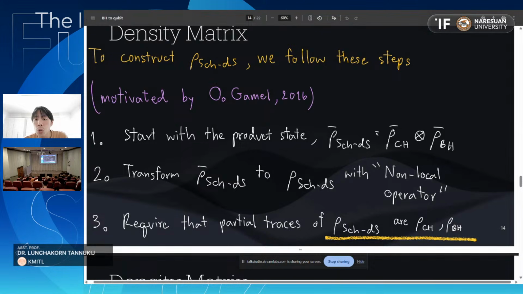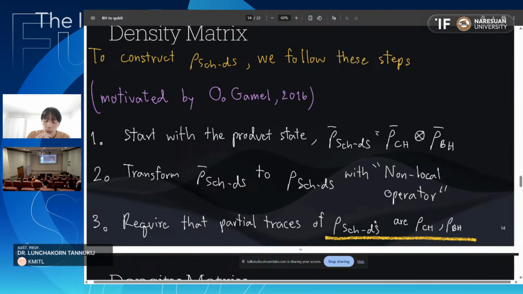This is because I'm using rho CH in too many places, so I have to distinguish them with bar and non-bar. So I'm going to start with this, but then rotate it into a non-bar density matrix, and then require that the partial trace of this will be just what we obtained from the very beginning.